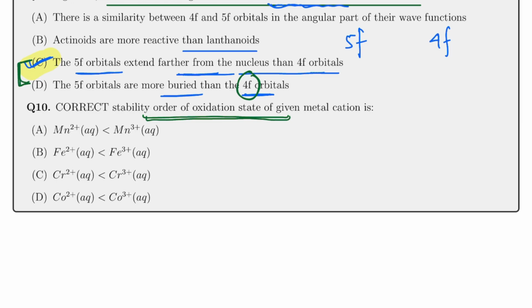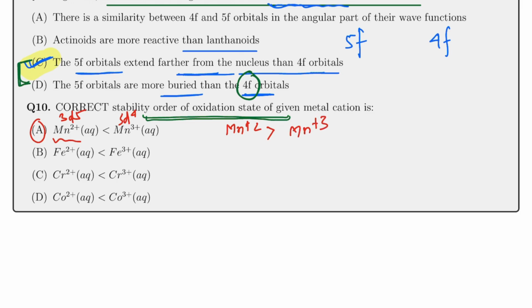In the first case, Mn plus 2 is 3d5, and Mn plus 3 is 3d4. Half filled is more stable than partially filled, so this statement is correct. It has to be the other way around, Mn plus 2 rather than Mn plus 3.